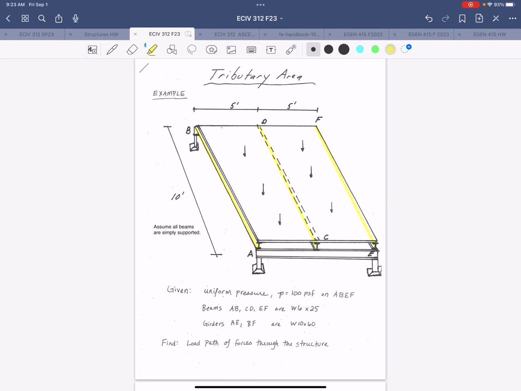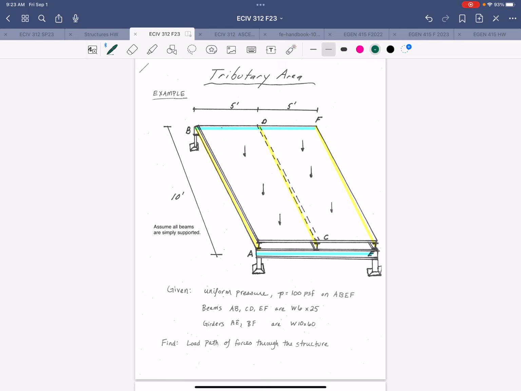Those beams are directly supported by 2 girders, and those girders are directly supported by the columns. So the hierarchy in this load path would be floor slab to the beams in this direction, to the beams in that direction, and then to the columns.